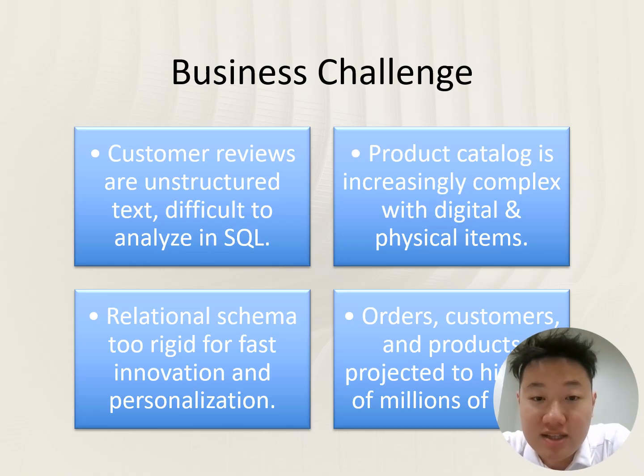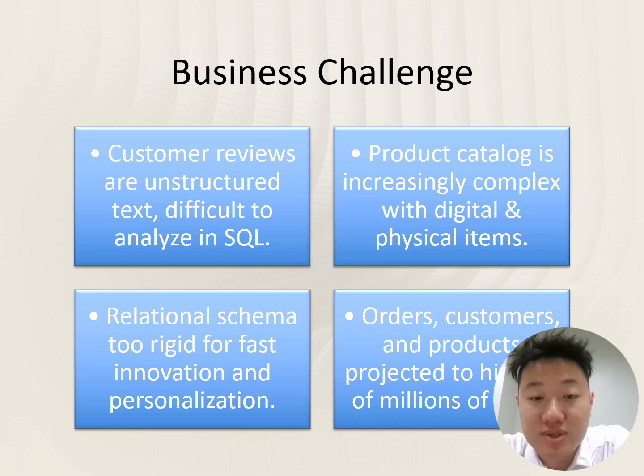So the business challenge we face is that Ethermart is growing fast, and we hit 4 pain points. One is customer reviews are unstructured and hard to analyze with only SQL. Two is product attributes vary a lot, physical gadgets vs digital services, so our schema is rigid.